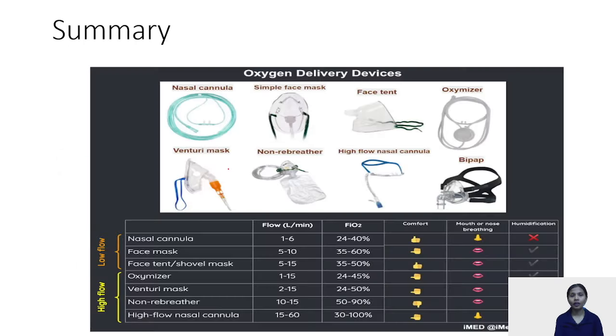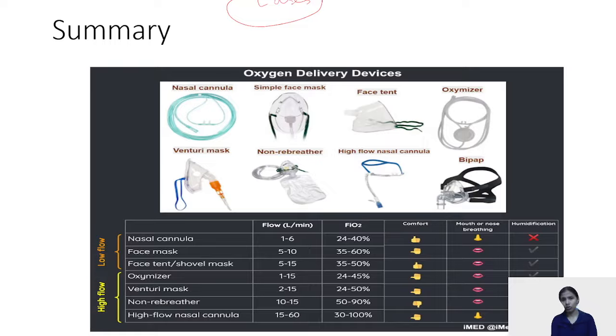Now, if we summarize the whole of the oxygen delivery devices, there could be certain case scenarios which can come in the oxygen therapy devices. For example, if the patient is tachypneic, maintains a saturation of around 90 to 95%, and is conscious, what would be one of the best oxygen delivery devices?